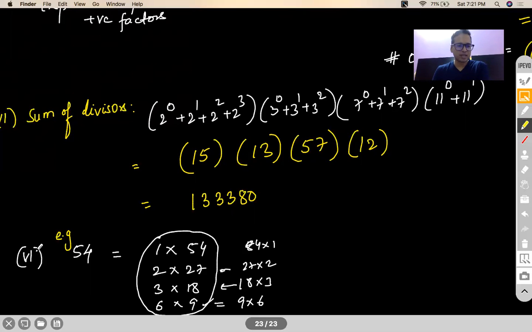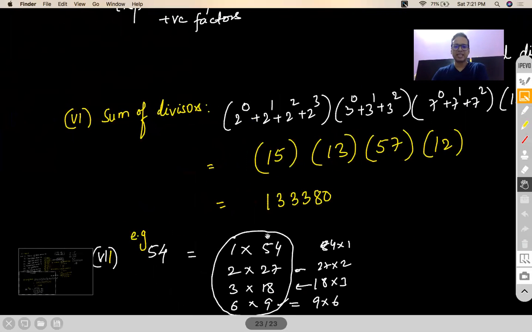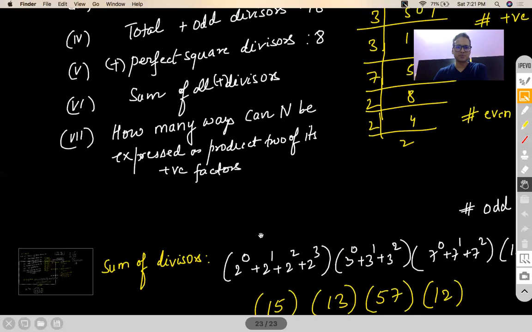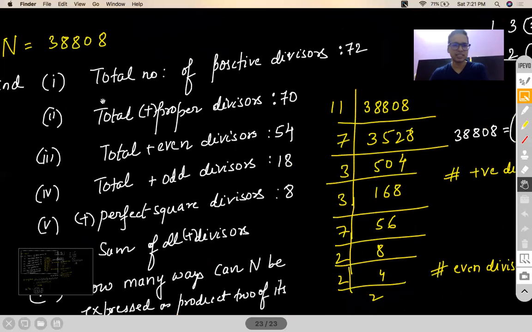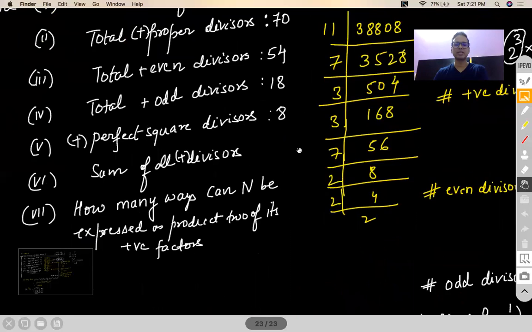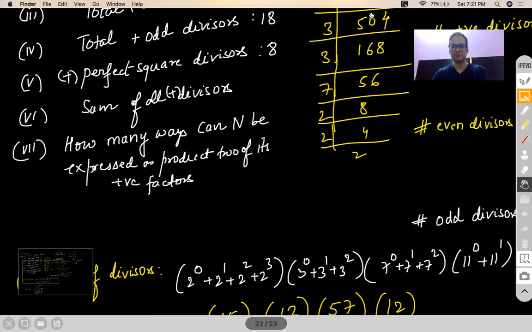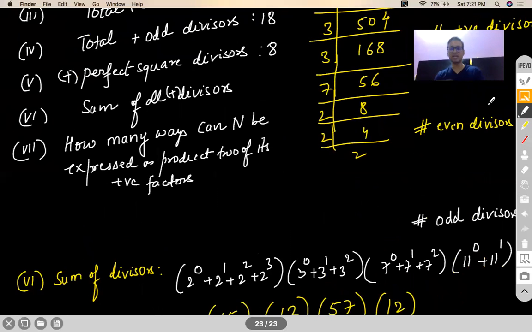Okay. Now I would like you to tell me, taking a clue from this, what would be the total number of ways in which n can be, or let's say 38,808 can be written as a product of two of its factors? What will your answer be?